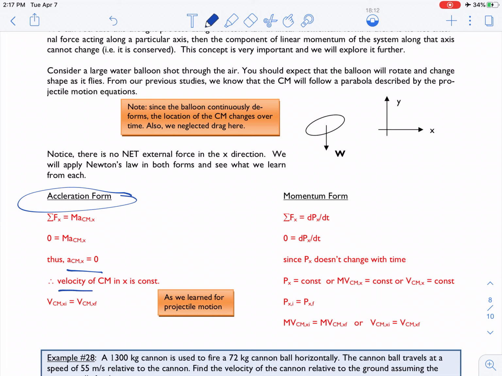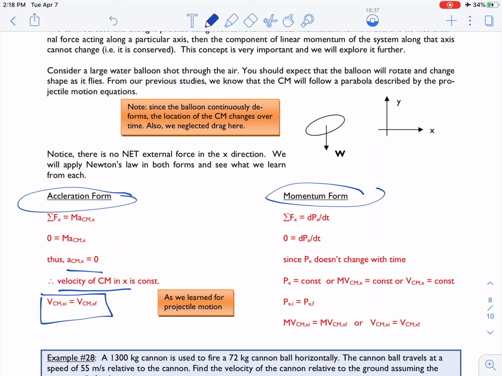The velocity of the center of mass point along the x direction is constant. It's not changing, because that's the definition of acceleration. So the initial and final velocities along the x direction for the center of mass point should be the same. That's true for projectile motion, and that's why we can still use it here, only for the center of mass.